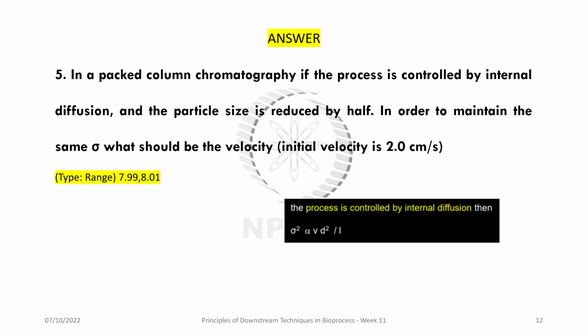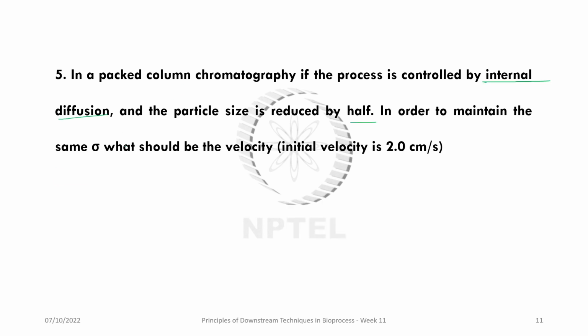In case you need the formula, it's here. Sigma square is proportional to... again, if we have the length as constant, sigma square by Vd square of 1 is equal to sigma square by Vd square of 2.